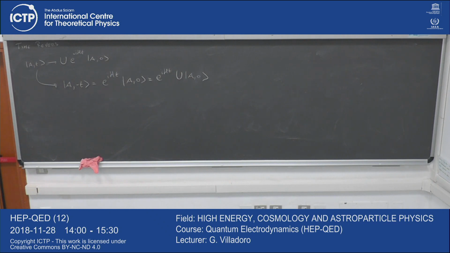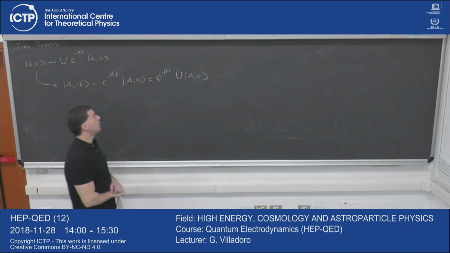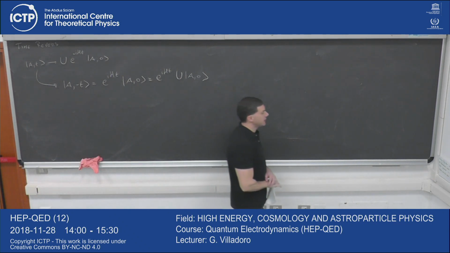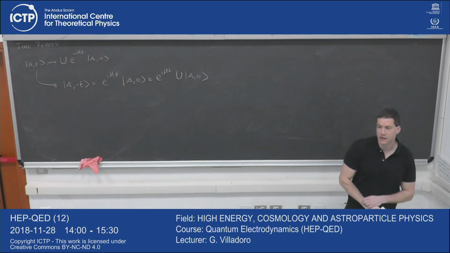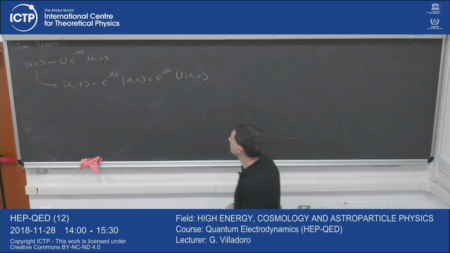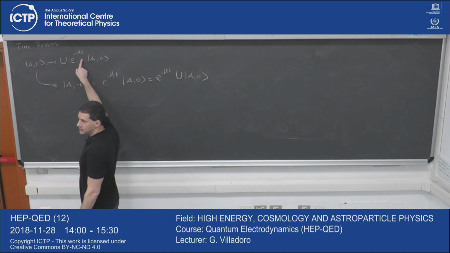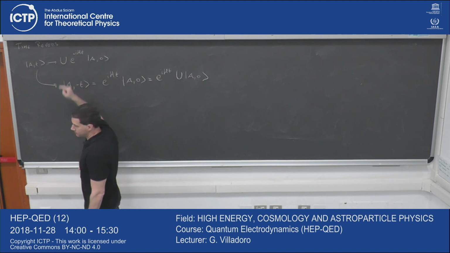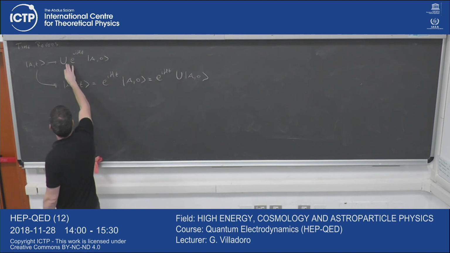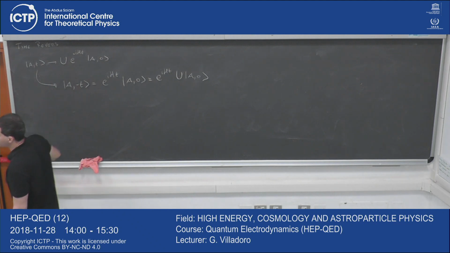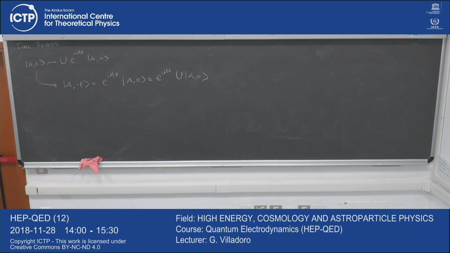So either it's not a symmetry because it doesn't commute with the Hamiltonian, or it is a symmetry and, as we will see, commutes with the Hamiltonian, but when it goes through this guy, it can flip the sign here, because it can also act on C numbers, not just operators.